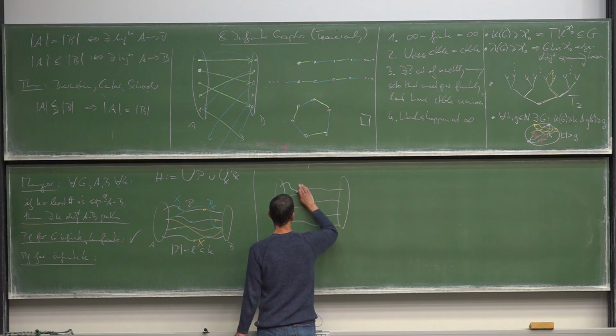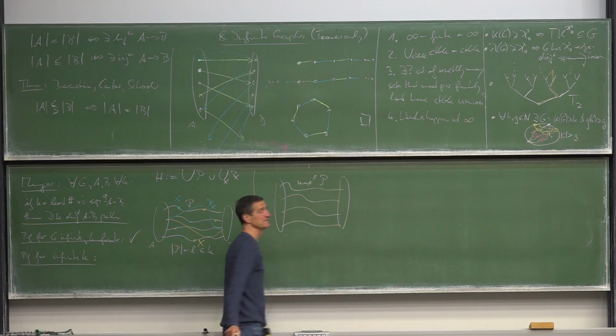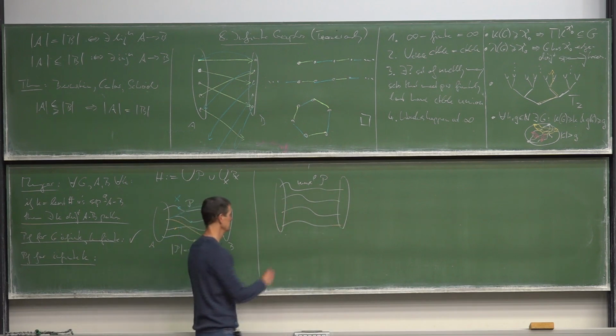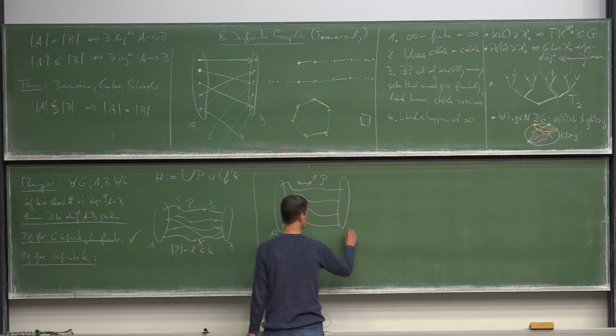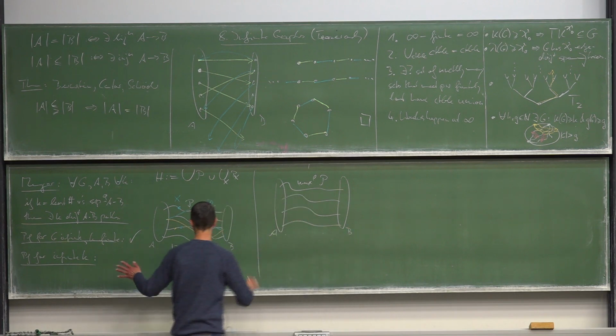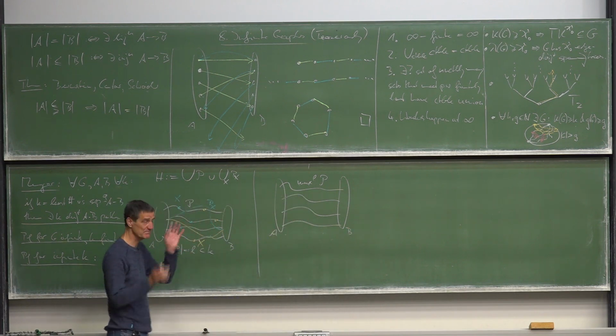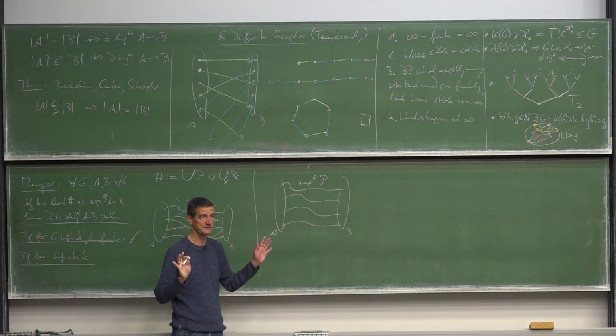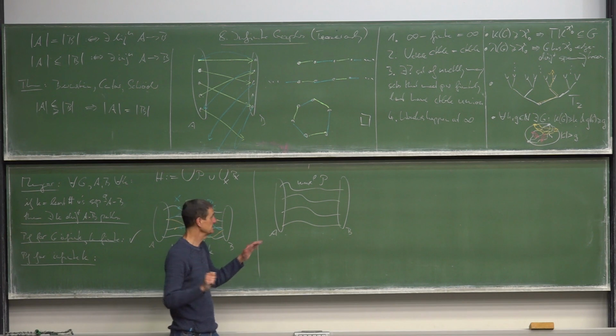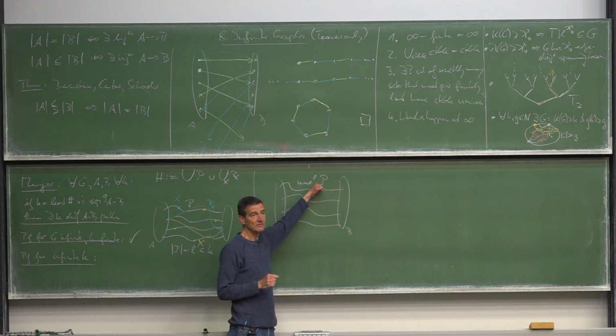We just take a maximal set of disjoint AB paths. Nothing about numbers now, nothing about cardinalities, just a maximal set of disjoint AB paths. Right. Now, how many paths are there in P? Certainly infinitely many.